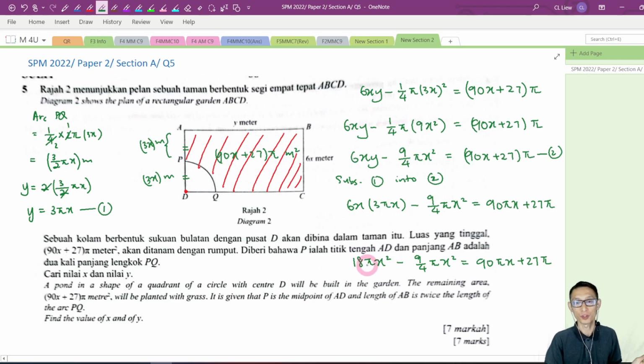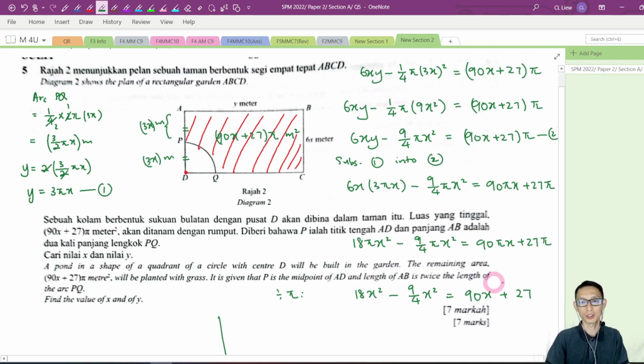So I'm going to divide this whole equation by pi. So this divided by pi, you will get 18x squared, no more pi. Here do the same thing, 9 over 4 x squared. Here do the same thing, 90x, and the last one will be 27.